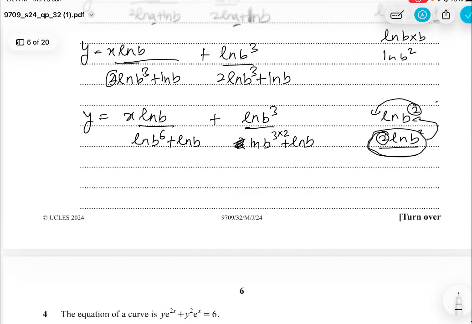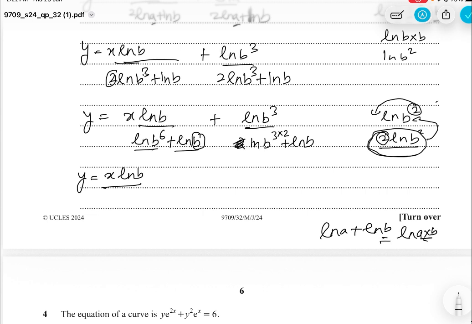All right. So this would be y equals x ln b. Now listen, these are in addition, so these two will be multiplied. I've told you, whenever we are adding, ln a plus ln b equals ln of a times b. So I will multiply these two and it will become ln b to the power 7 plus ln b cube upon the same case over here, ln b to the power 7.